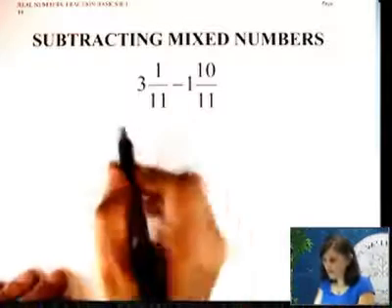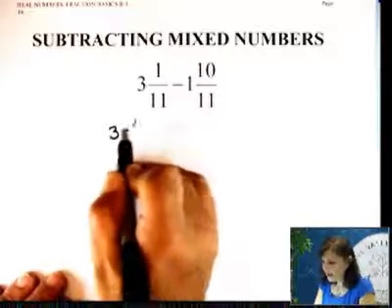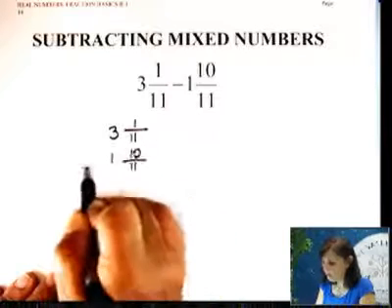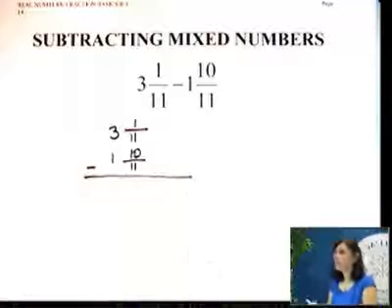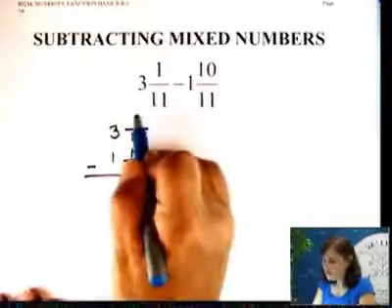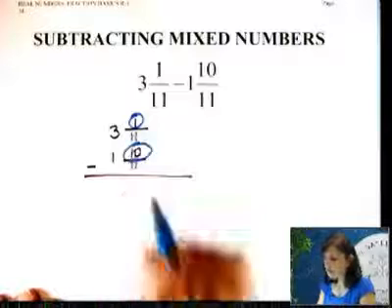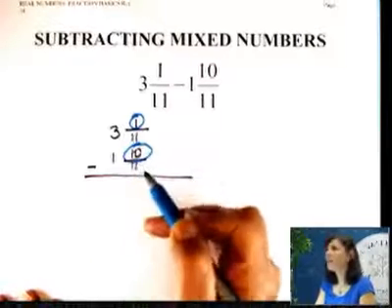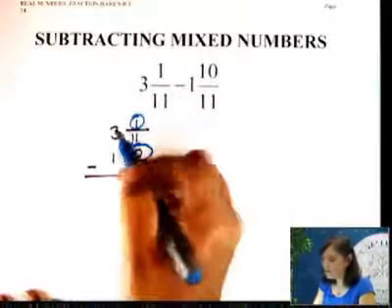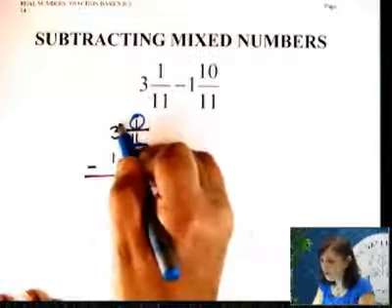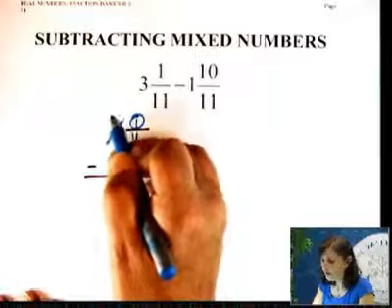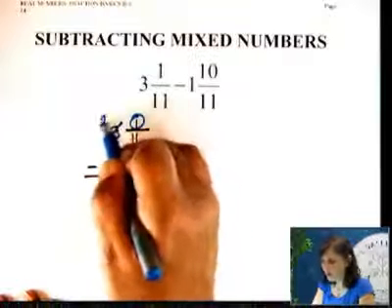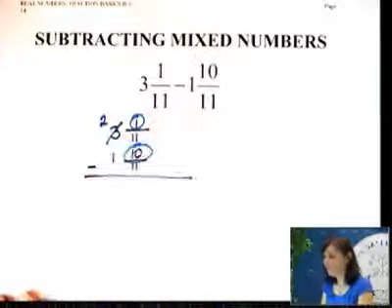Let's do this one. 3 and 1 11th and 1 and 10 11ths. Now this one is a little tricky. This one is 1 and this one is 10. So I cannot subtract 10 from 1. And just like borrowing for whole numbers, I need to borrow from the whole number part. Here we go. I borrow 1 at a time. So I borrow 1, so I have 2 left.